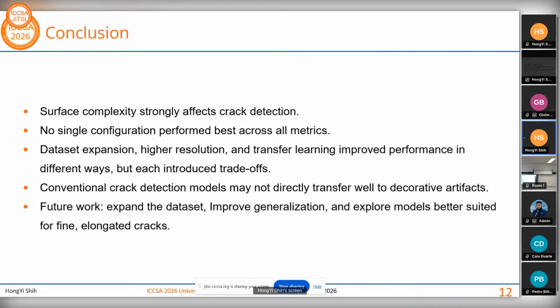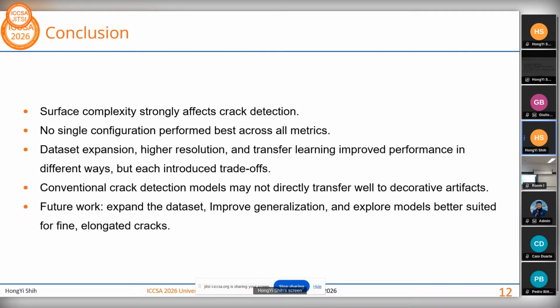Surface texture, visual interference, and pattern complexity strongly affect whether cracks can be accurately detected by the model. Dataset expansion, higher resolution, and transfer learning improve performance in different ways, but they also create trade-offs between precision, recall, and detection coverage. So there is no single best configuration for all cases.